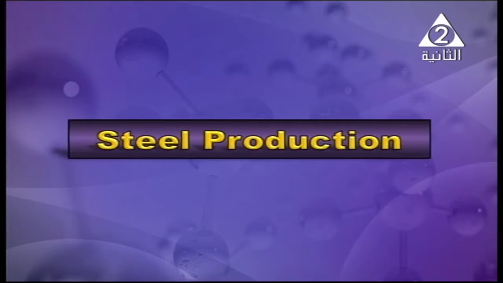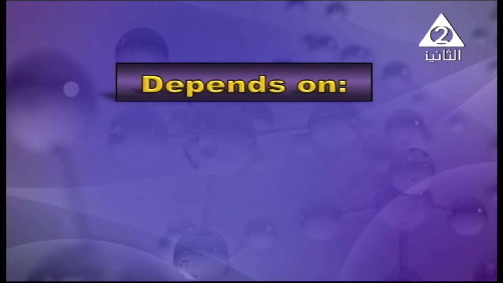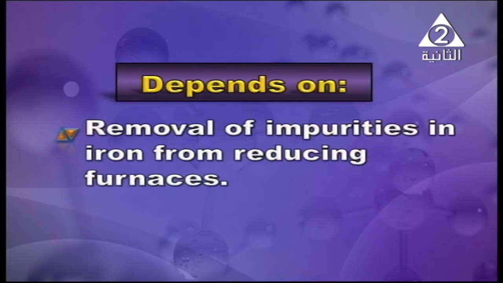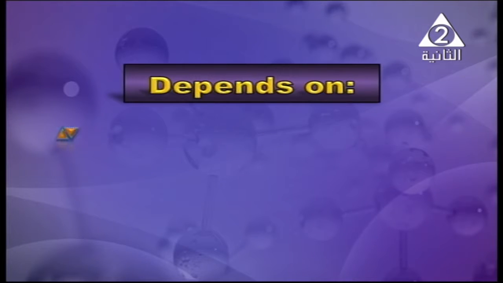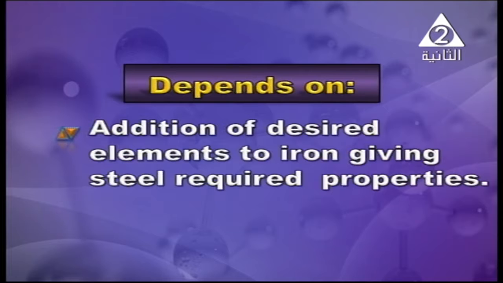Now we are going to discuss the third step, which is steel production, which depends on removal of impurities in iron from reducing gases and addition of desired elements to iron, giving steel the required properties.